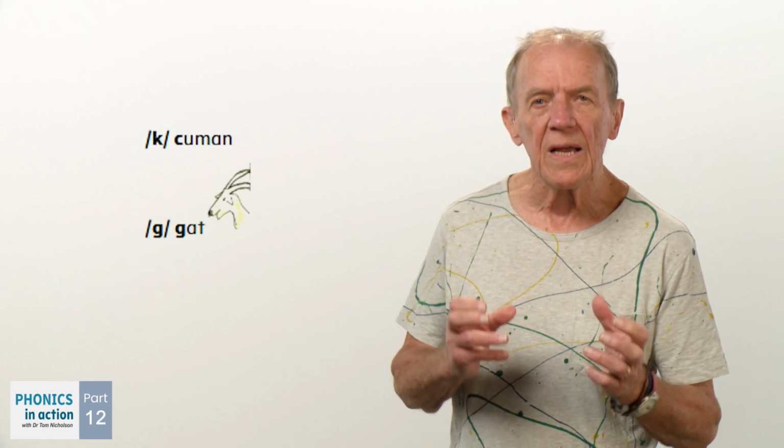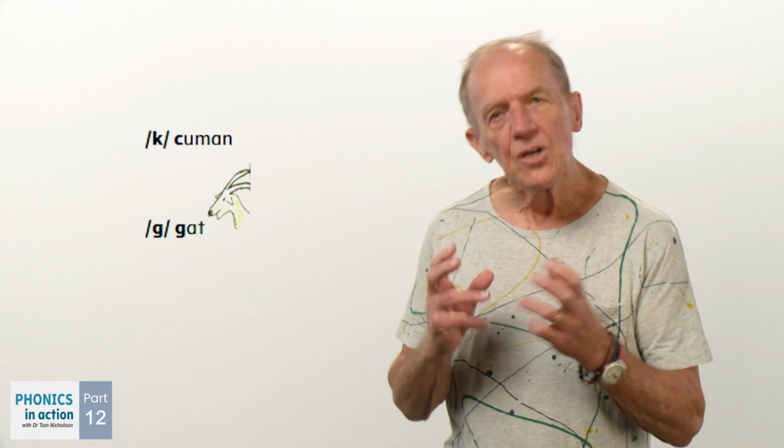Well, in Old English, the C and G had the sounds K in words like kommen and a G in words like gat, meaning goat. But after 1066 and the invasion of England by the French, many of their words came into English.